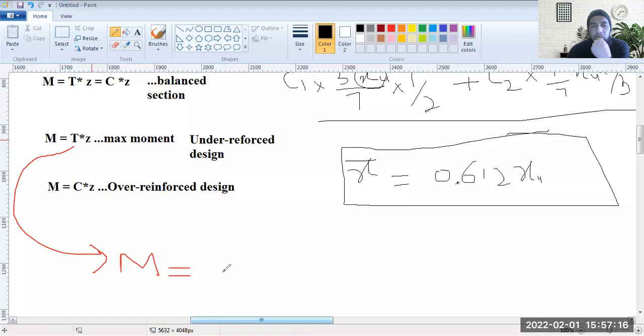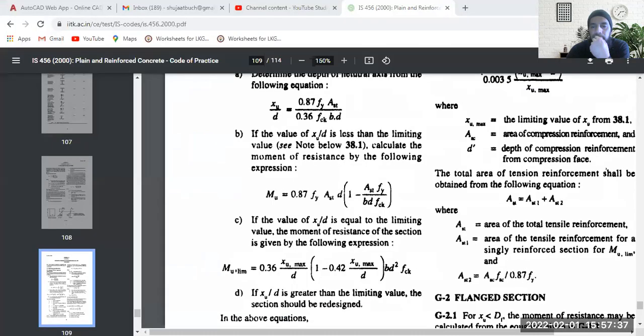M would be equal to, for under reinforced section, T is 0.87 Fy into AST into Z. So the rest portion is Z. This, as per the code, is the value of Z. So what is this?